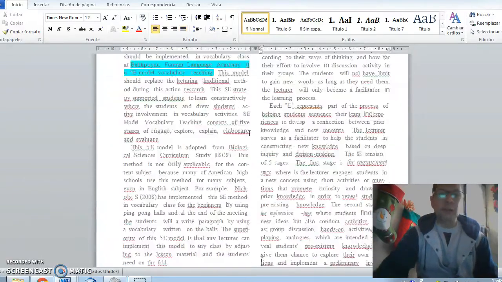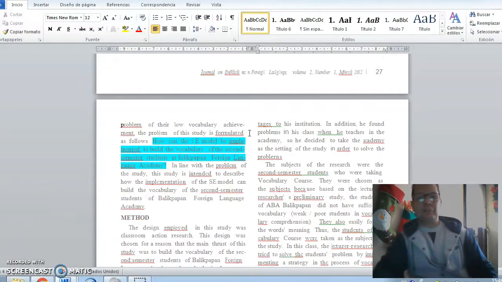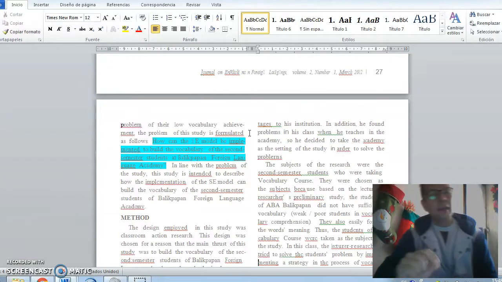And here we also have the question: how can the 5E model be implemented to build the vocabulary of the second semester students at Balikpapan Foreign Language Academy?